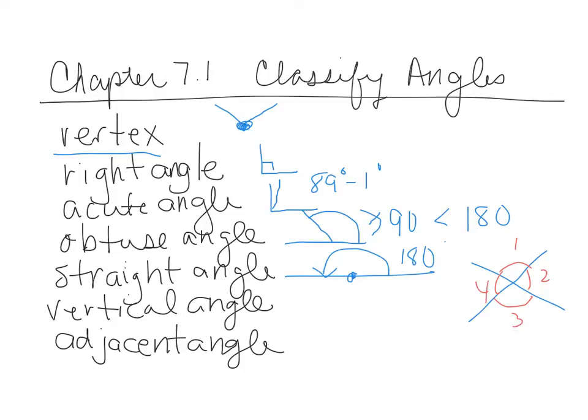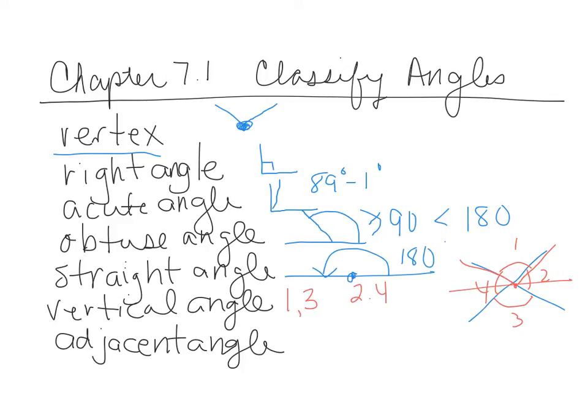Vertical angles are like 1 and 3, and they will meet right here at the vertex, and they almost make a V. And the other set of vertical angles would be 2 and 4, which are also vertical because they are opposite. And we'll go over that in class for sure.